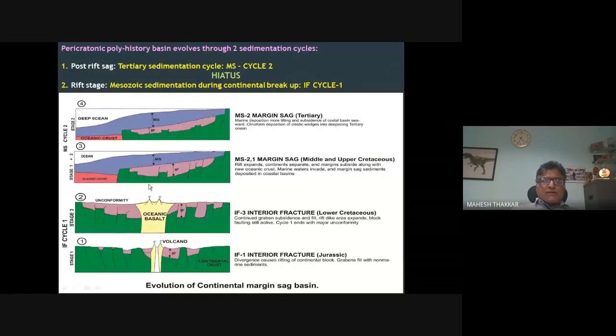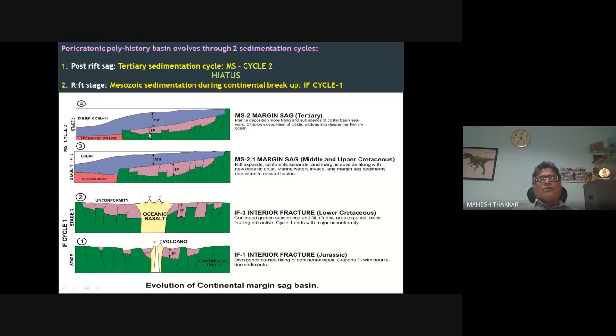Because of the oceanic basalt, the newly formed basin, which we have given here at just one end, because we are seeing one end only. Here, if you can see in this cartoon, the continental tilted blocks were earlier tilting towards the continental side.